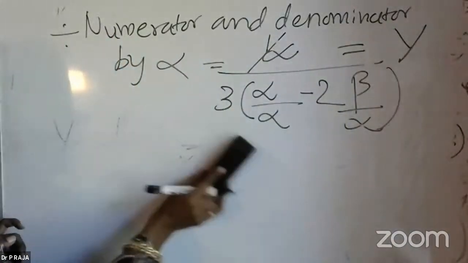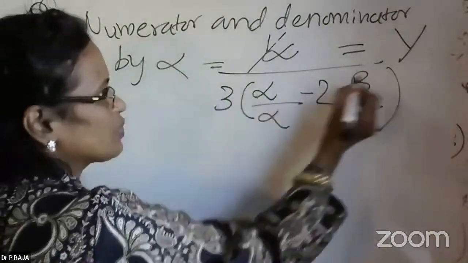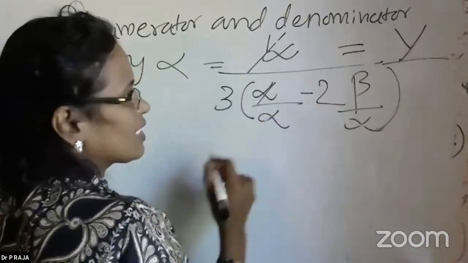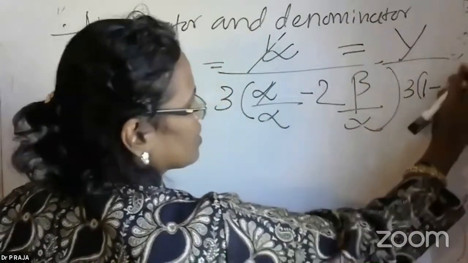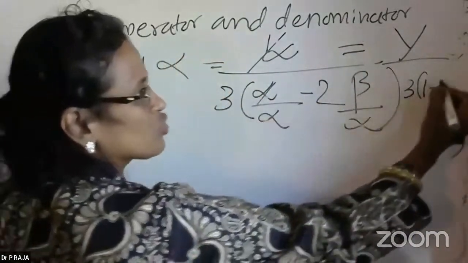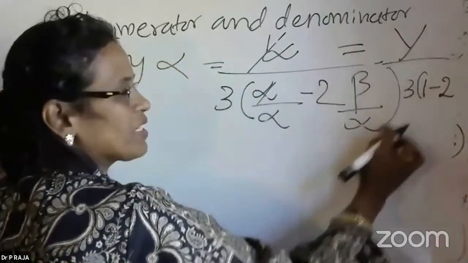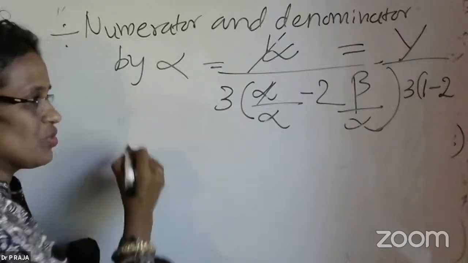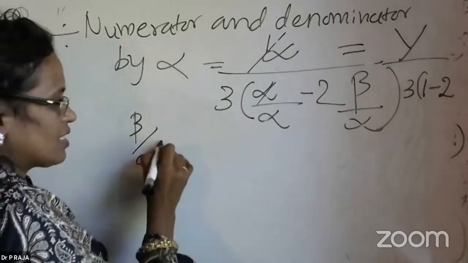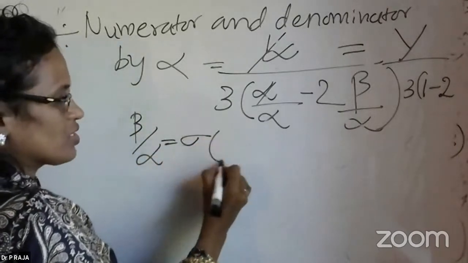See your equation 1 and 2. This will become this, and this will get cancelled out. So it will become 3 into 1 minus 2 into beta by alpha. Do you remember equation 2? Beta by alpha is nothing but Poisson's ratio sigma.